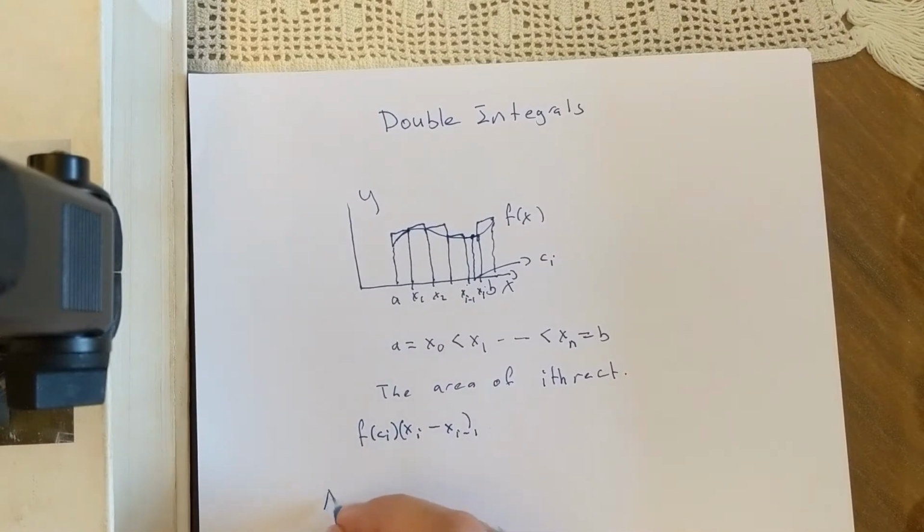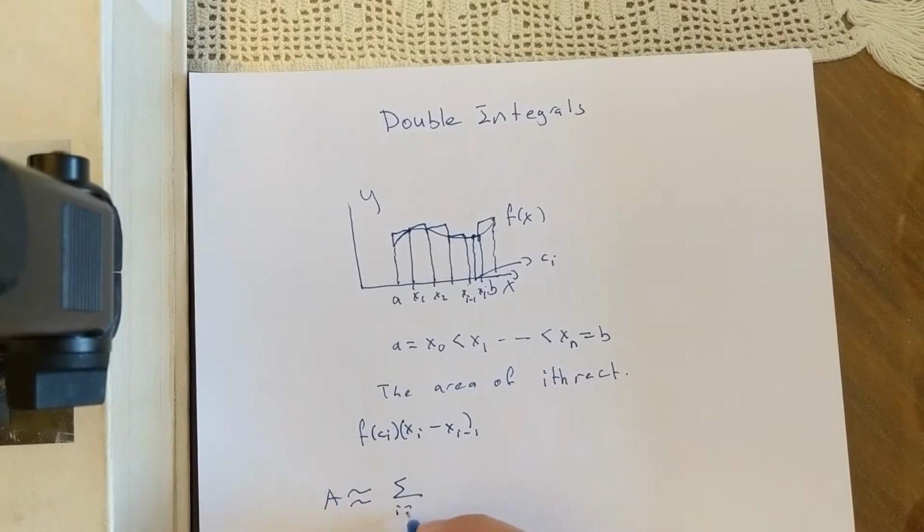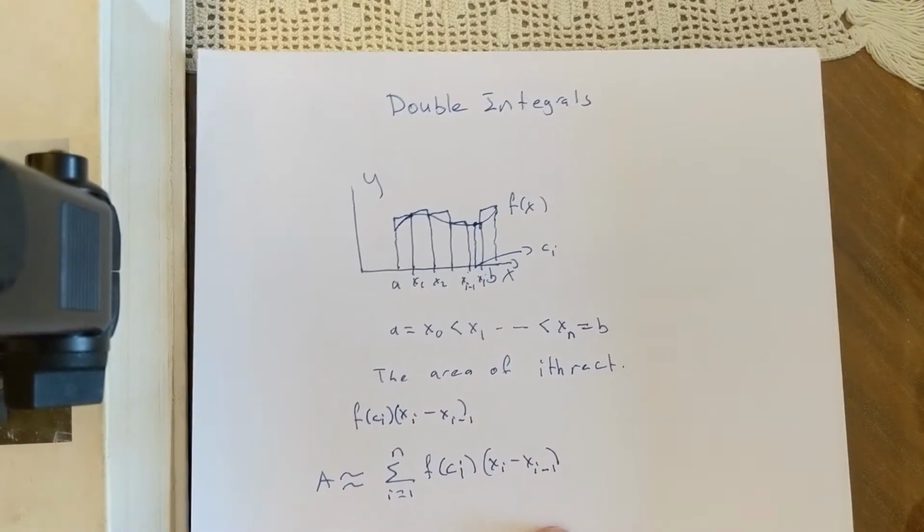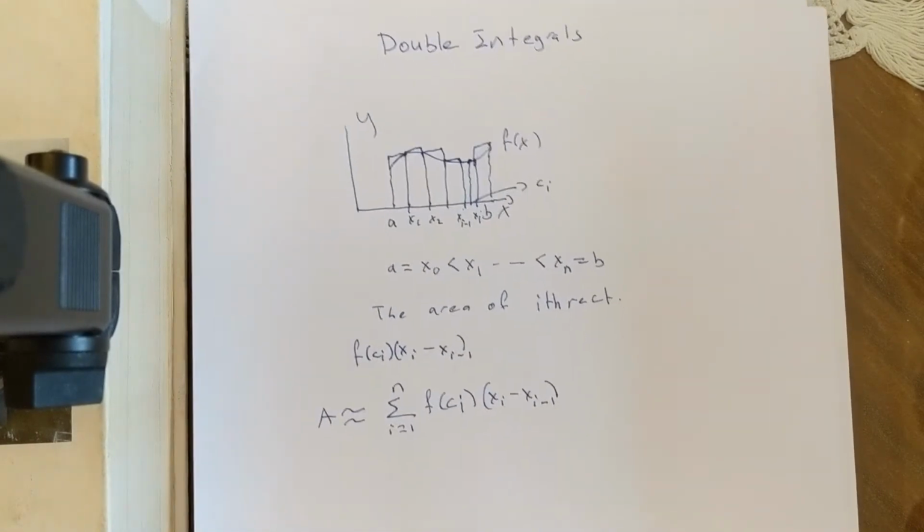To get the area, my area approximation would be roughly the sum from i equals 1 all the way up to n. So I have n rectangles, and the area of each one of them was f of c sub i times x sub i minus x sub i minus 1. Now, of course, this looks like an alien language, so we made it easier on ourselves.